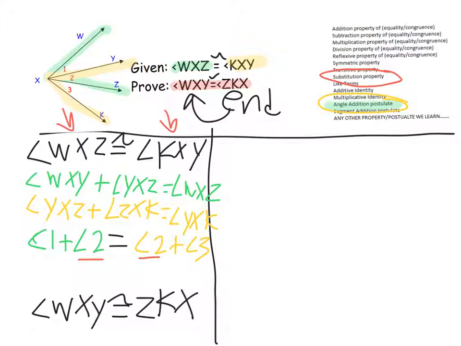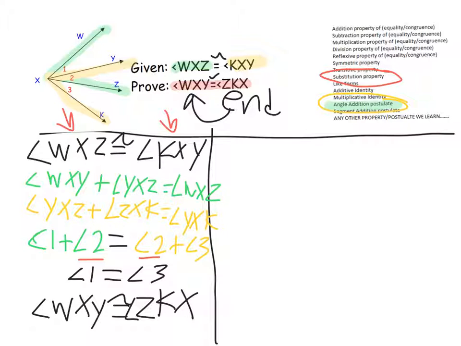Yeah, this is basically just going to be angle 1 is equal to angle 3, like that. And isn't angle 1 WXY? And isn't angle 3 angle ZKX? Yeah, it is. Okay, there's plenty of things you guys can pick at to make this look better. This is kind of one of my first times doing it with this app.